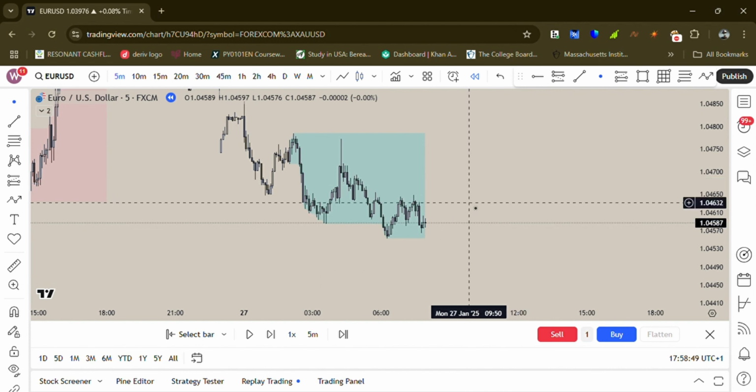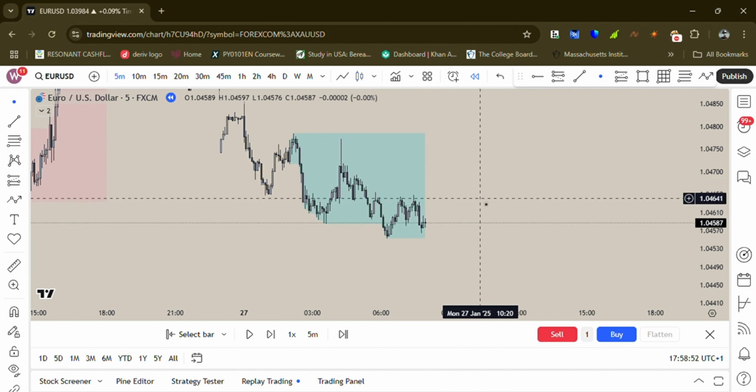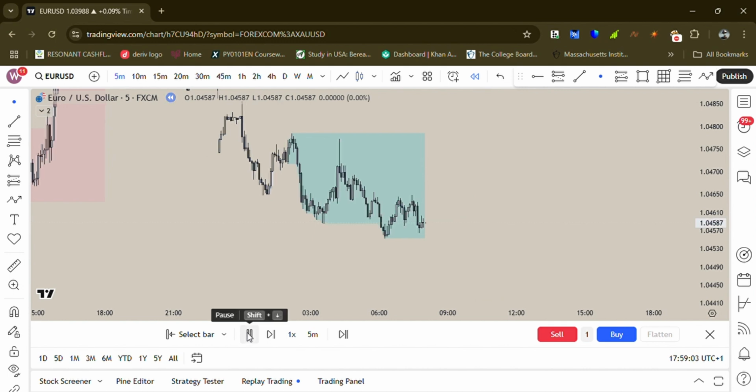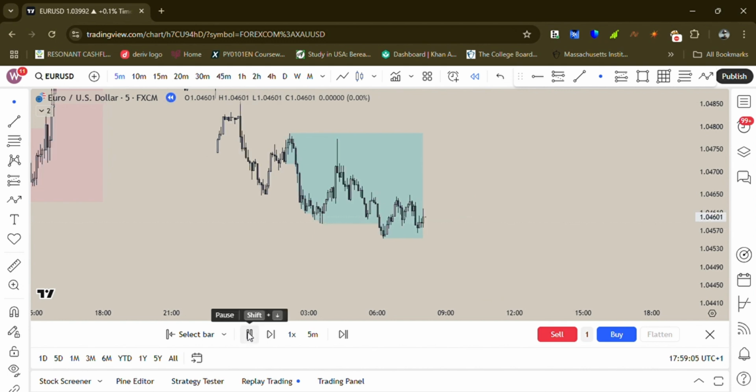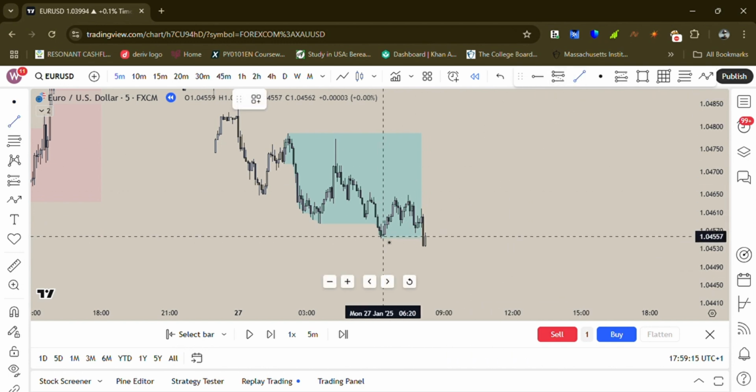Now from the first checklist, what we want to see is a sweep of either the high or the low, and let's see what happens here. Okay, so here we've already gotten a sweep of the Asian low, so it means that this would be a buy trade.